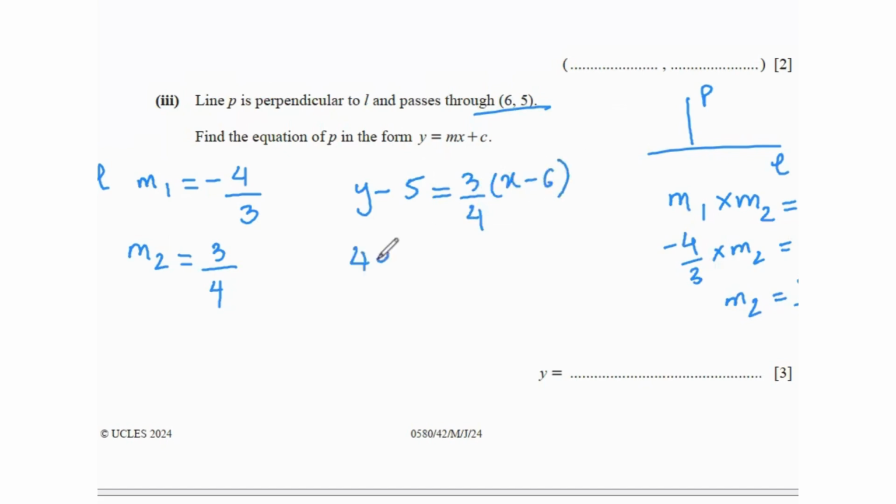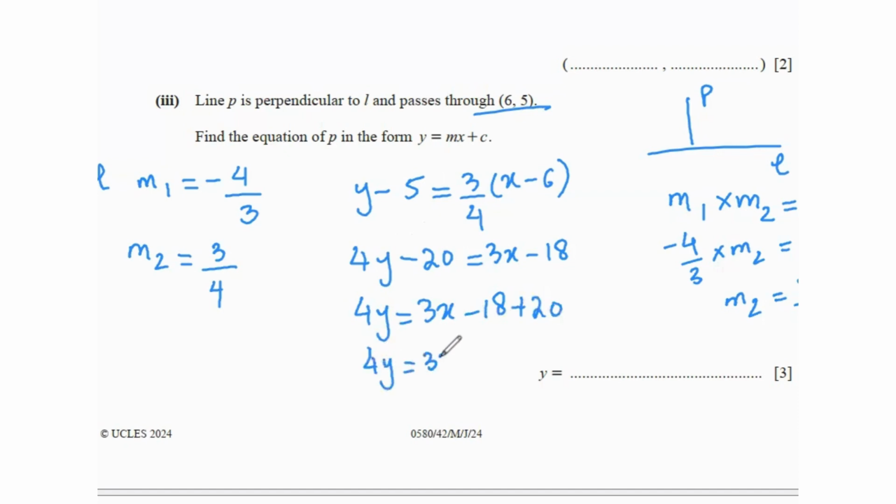So that's 4y - 20 = 3x - 18. 4y = 3x - 18 + 20, which is 3x + 2. So y = 3/4 x + 1/2, because 2 divided by 4 is 1/2. So that's your line in slope-intercept form.